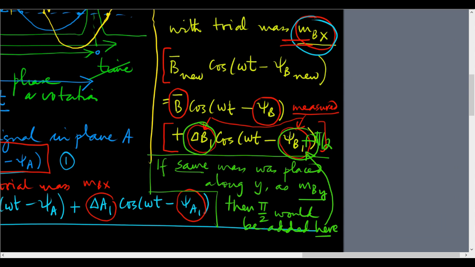Psi b1, let me make it fatter so that you understand. Let me make it maybe green. This one will not change. Cosine will stay cosine, omega t will stay omega t. Psi b1 is what it was, plus pi by 2.